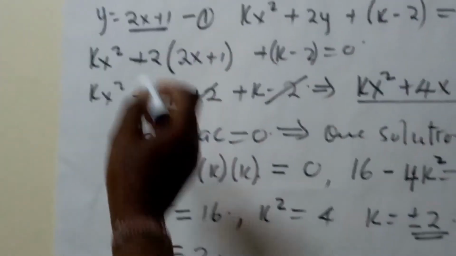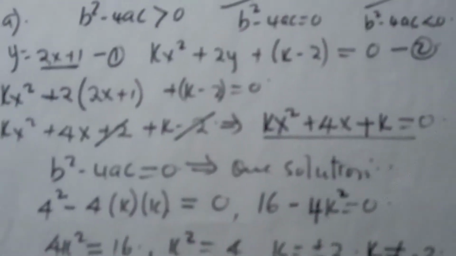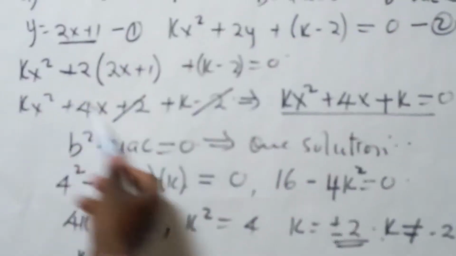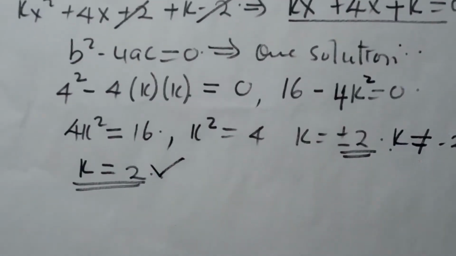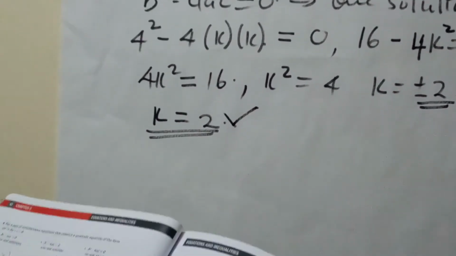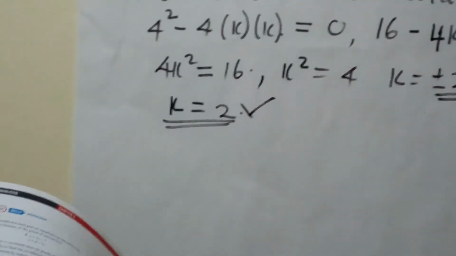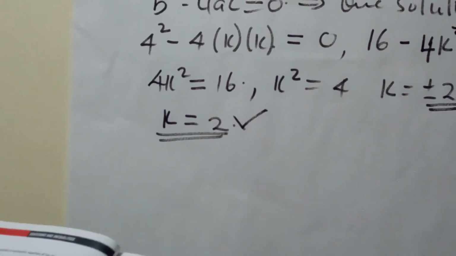Now that this line meets this curve only once and k is a positive number, we have substituted and solved the quadratic equation, and we have found that our value of k is 2. Look at part B of the same question. For this value of k, find the coordinates of the point of intersection.